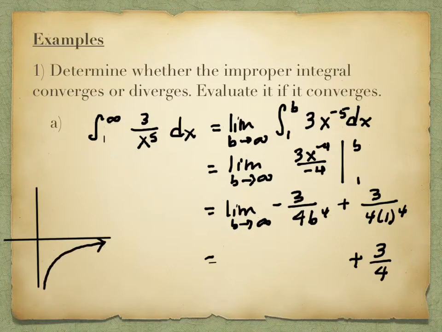And the question is, as you move toward the right forever, because that's letting b go to infinity, what happens to the y values of this graph? Of course they level off at 0. So this ends up being 0 plus 3/4, which is 3/4, and we would say that this converges.